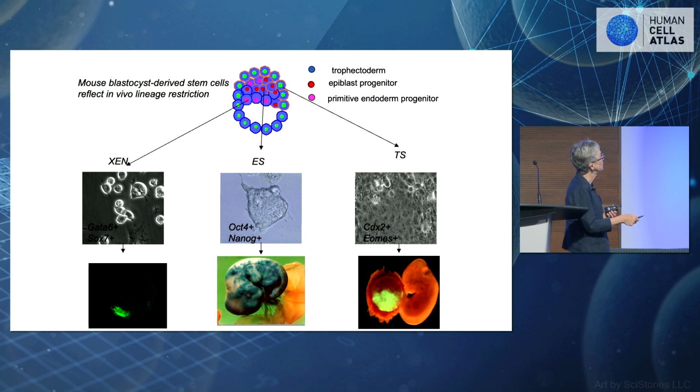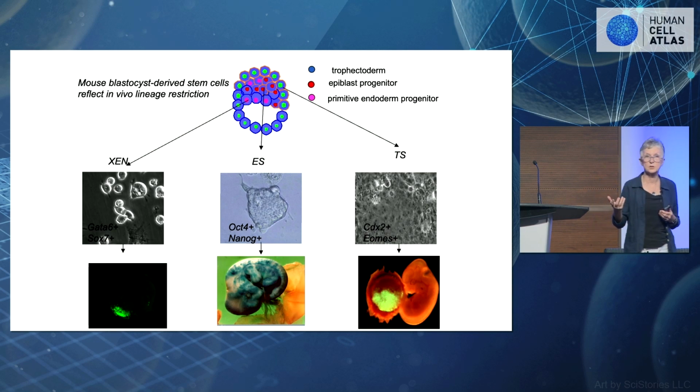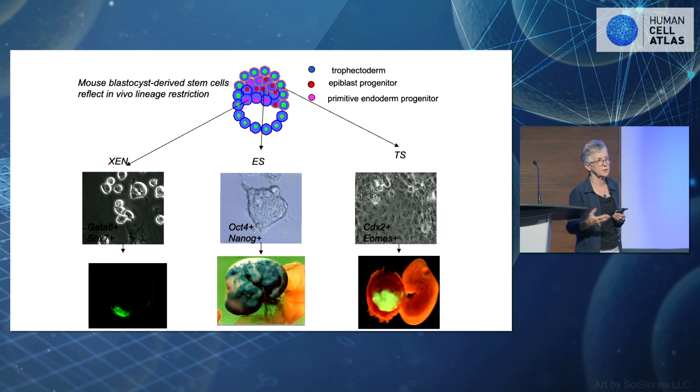Trophoblast stem cells contribute to the placenta, not the fetus, and XEN cells contribute to the yolk sac. The genes here that are specific to those cell types are transcription factors that are required to specify the cell types in the embryo. So these become very useful stem cell lines that you can grow in large amounts and study the molecular genetic pathways that specify cell fate.